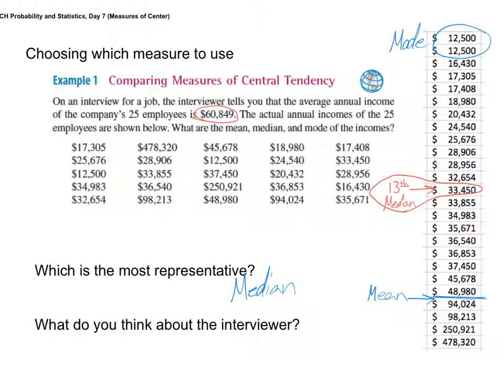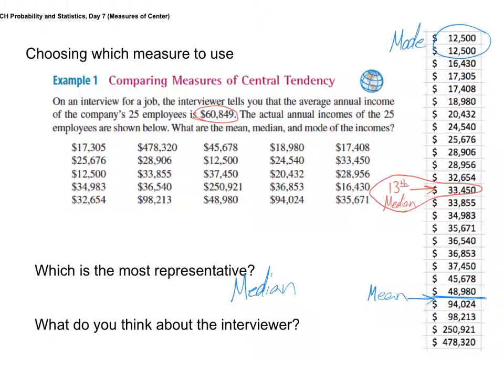So what do you think about the interviewer? What's he trying to do by telling you that the mean is 60,849? Is he lying? No. But what do you think about this guy who's interviewing you? You're interviewing for a job.